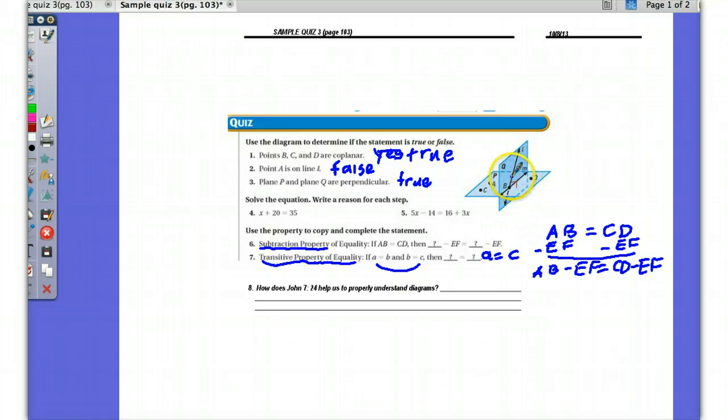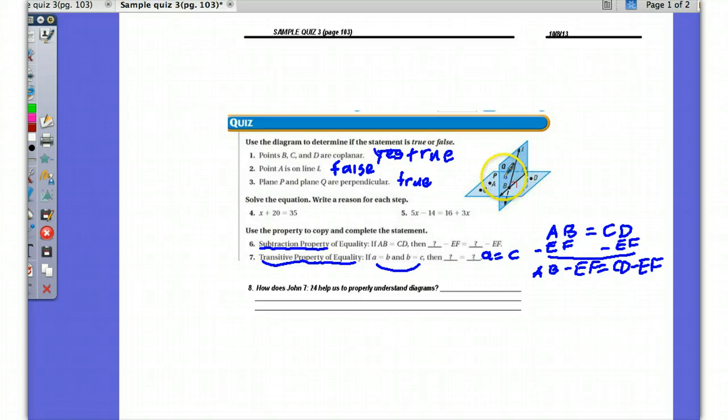And yes, they could be, but don't go by just what it looks like. We have to have this little box, this perpendicularity marker, before we know for sure that they're perpendicular. So we look for a mark.